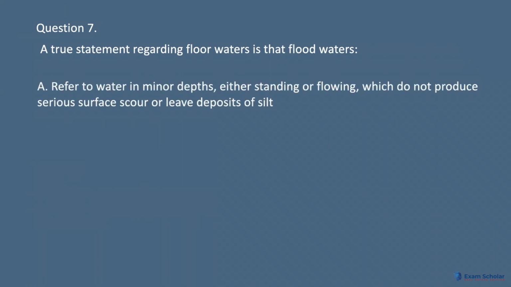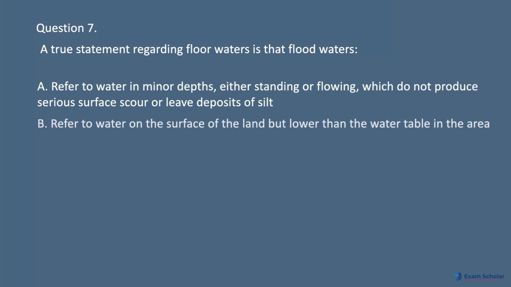Question 7. A true statement regarding flood waters is that flood waters: A. refer to water in minor depths, either standing or flowing, which do not produce serious surface scour or leave deposits of silt. B. refer to water on the surface of the land but lower than the water table in the area.